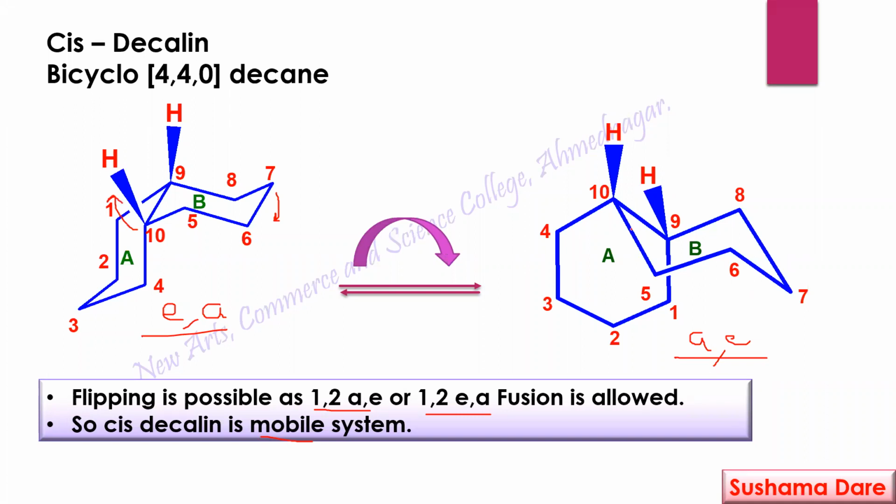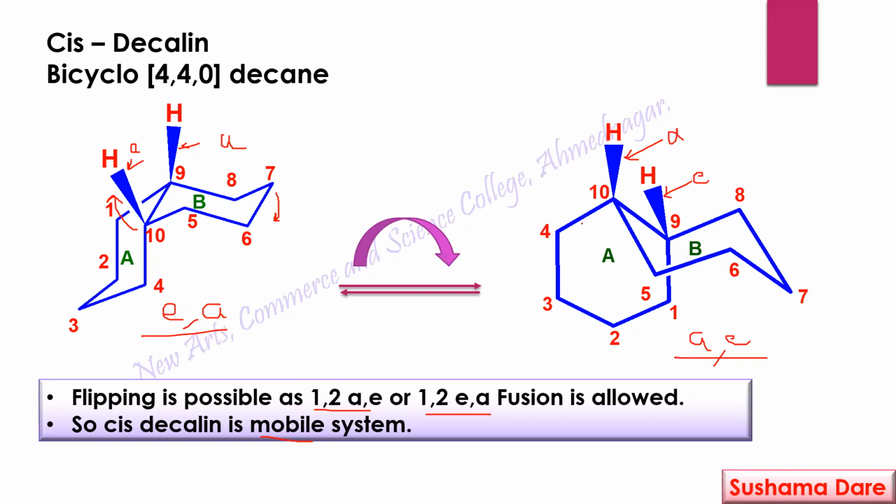After doing this, you number the carbons 7, 6, 5, 10, 9. Now the 9 hydrogen, which was axial, changes to equatorial. So this hydrogen is now equatorial. The number 10 hydrogen was equatorial, now it changes to axial.